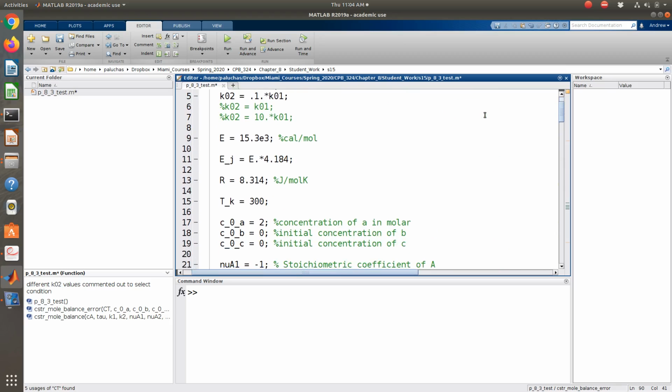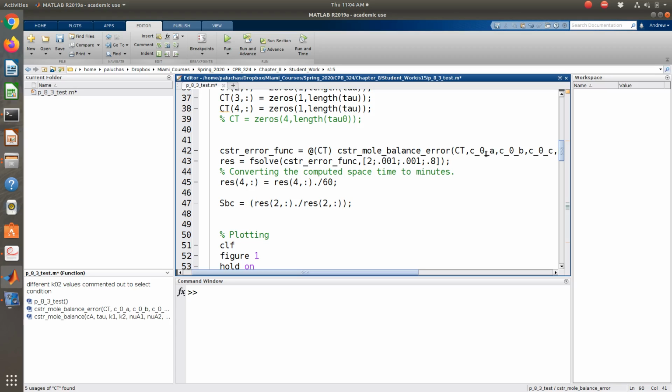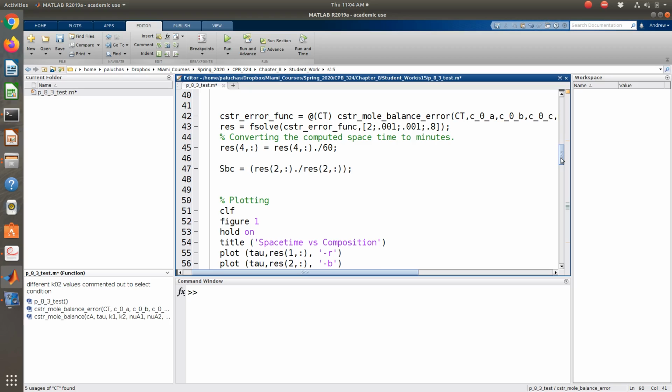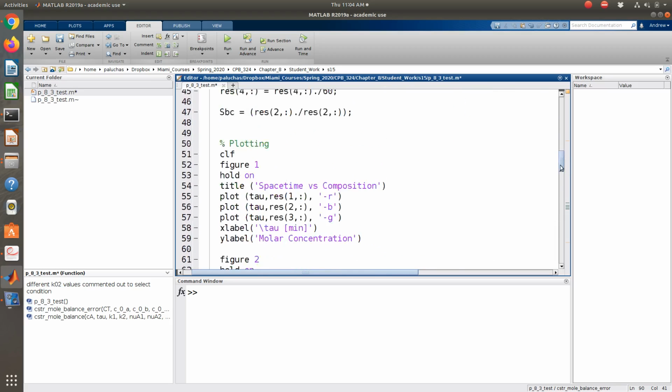Well, oh yeah, think about this. So basically, you have a massive number of unknowns, right? So in terms of unknowns, you're saying you have a matrix that's going to be a 4 by 100. Okay, so 4 by 100, you have 400 unknowns that you're trying to have fsolve solve for.